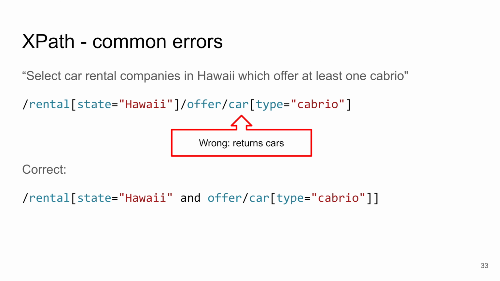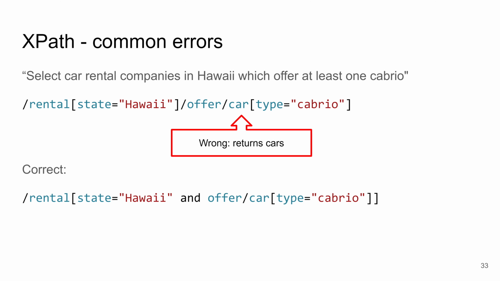And before we finish with XPath, let's take a look at some common errors that you may make when writing XPath queries. For instance, here the first query is: select car rental companies in Hawaii which offer at least one cabrio. Well, let's take a look at what the XPath query says. It says we'll go to the rental companies, we'll filter to those which have an element state with textual content Hawaii.